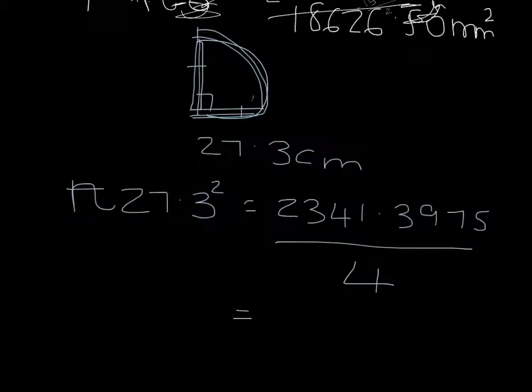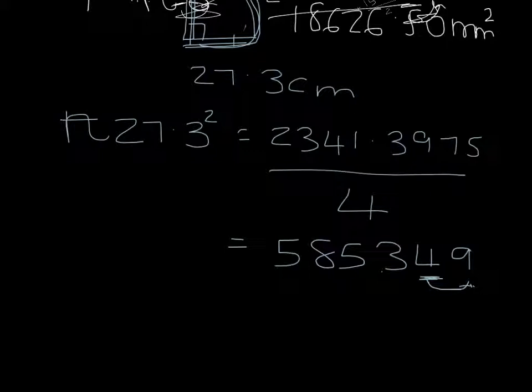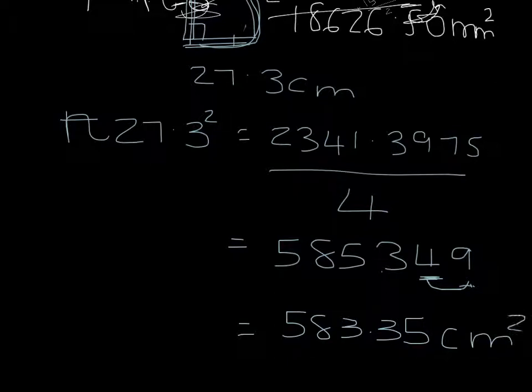We divide that by 4 and we get 585.349. Okay, so if we look at the 4, the 4 is what we want to round it up to. The 9 is big enough to change that. So our answer becomes 585.35, and that was centimeters squared.